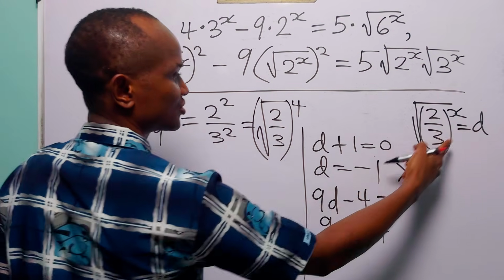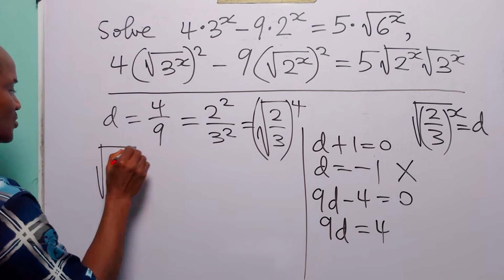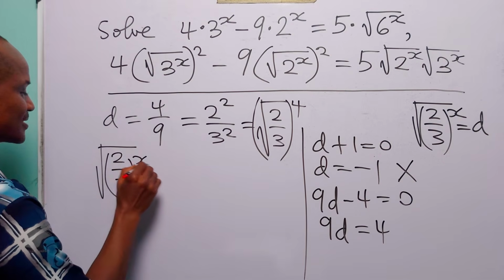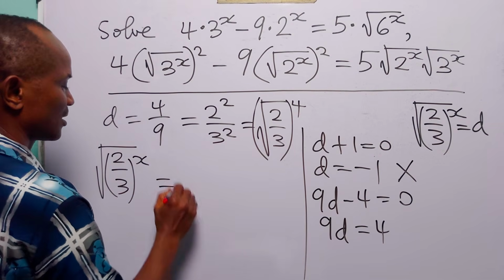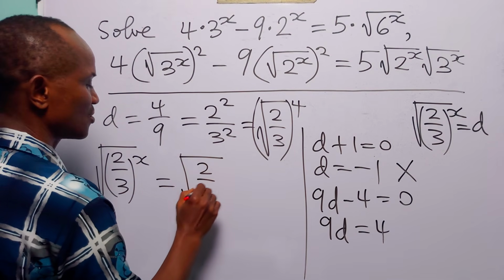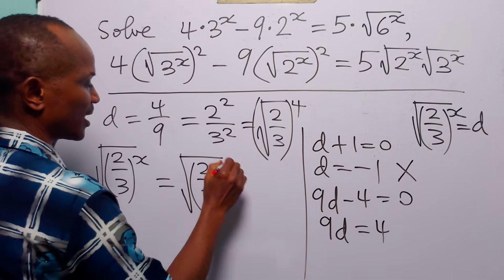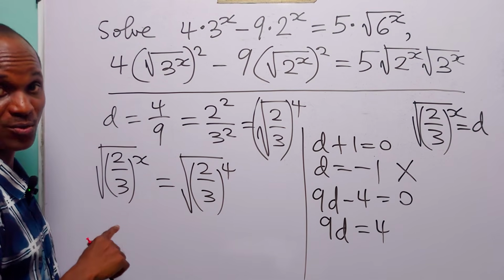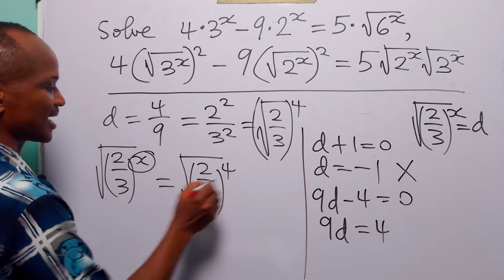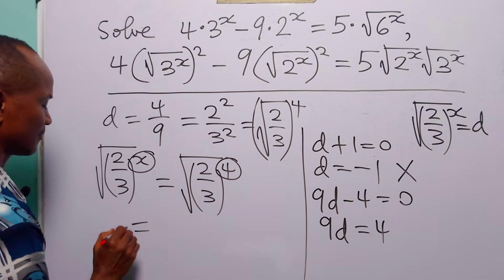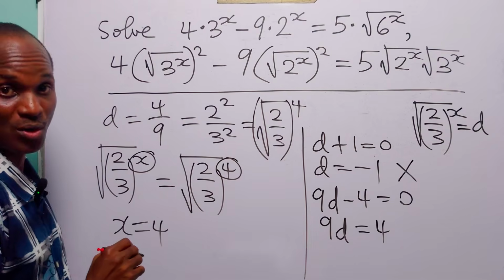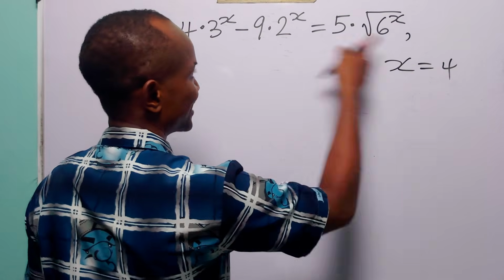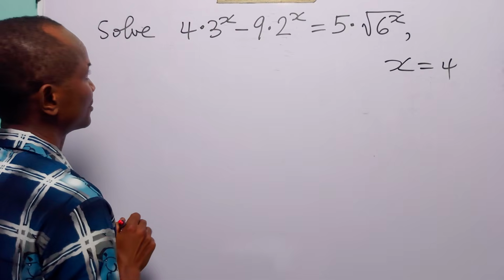Now, with this substitution, we have that root 2 over 3 to the power x is equal to root 2 over 3 to the power 4. Once more, when we compare both sides of this equation, it is very easy to see that x is equal to 4.